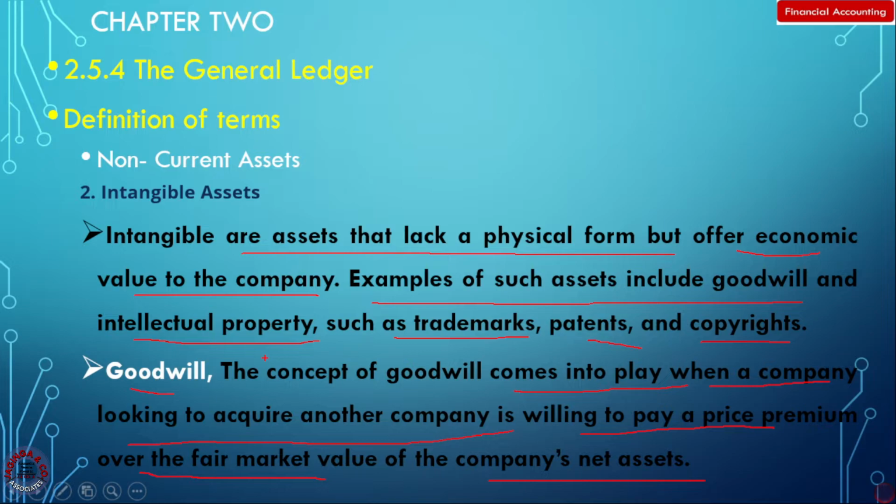But when somebody comes to buy it, they are willing to buy it at $400,000. So the amount above the market price of your business is what we are calling the goodwill. It is a premium above the market price. The market price of your business is $300,000, but you are selling it at $400,000.